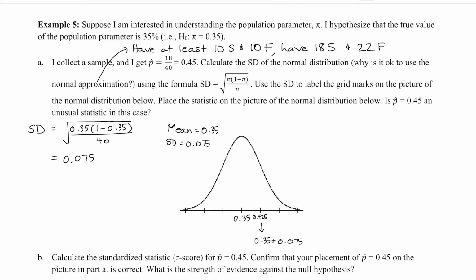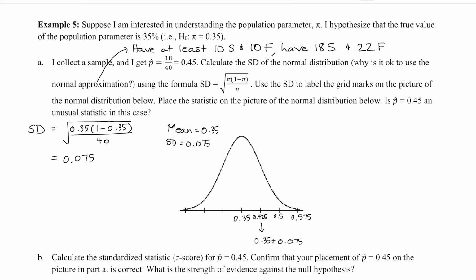And then if you take the 0.425 and you add one standard deviation to that, so 0.425 plus 0.075, you get 0.5. And then if you take that 0.5 and you add another standard deviation, so 0.5 plus 0.075, you get 0.575. So again, you should be trying this also in your own calculator to make sure you can get these answers.